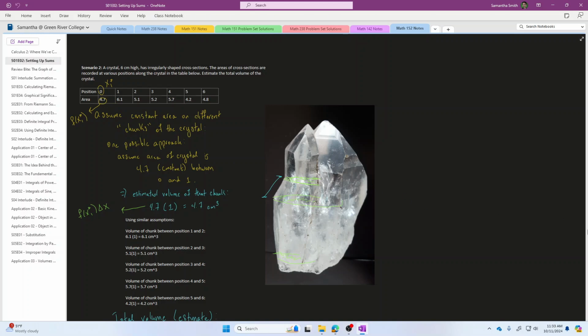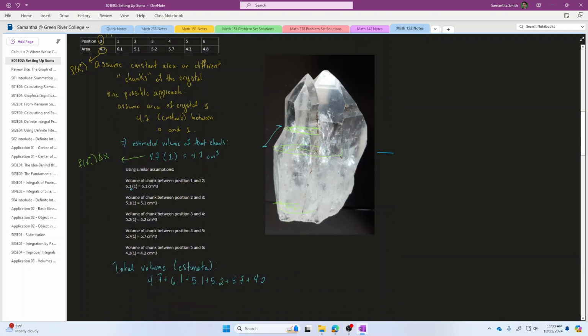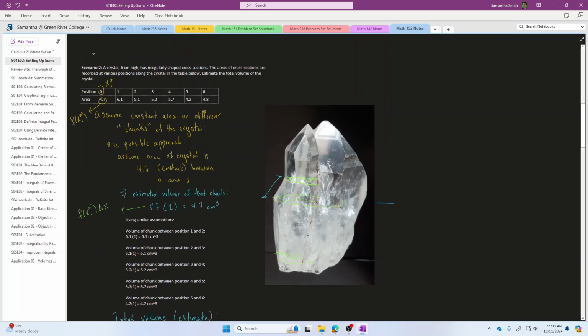If we had an object and we sliced that object at different positions and we measured the area of that slice, then the volume could be found by taking the area of each slice and multiplying it by the delta x, the distance between the measurements.